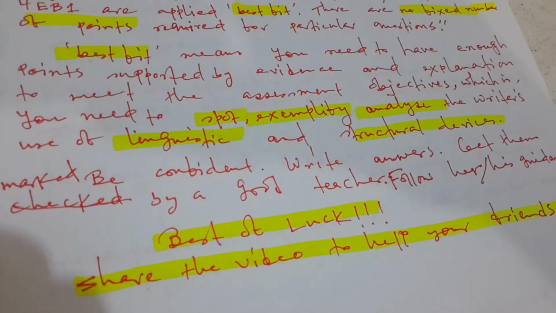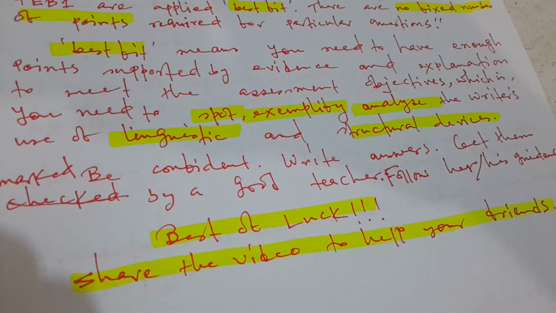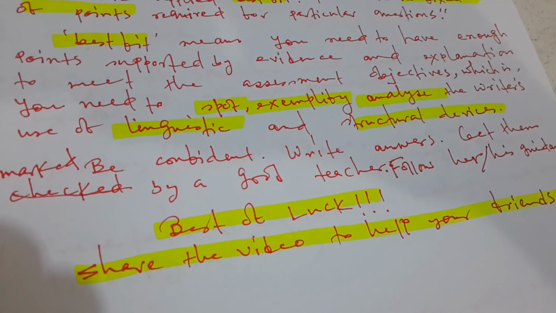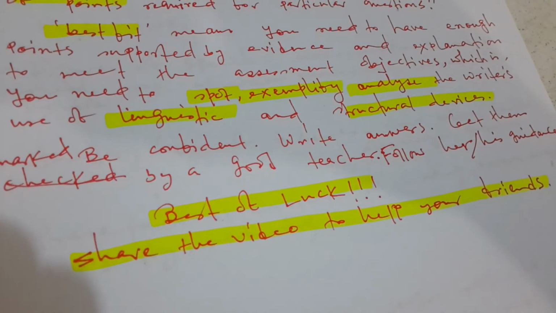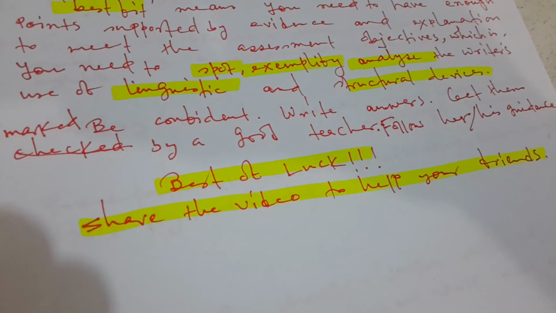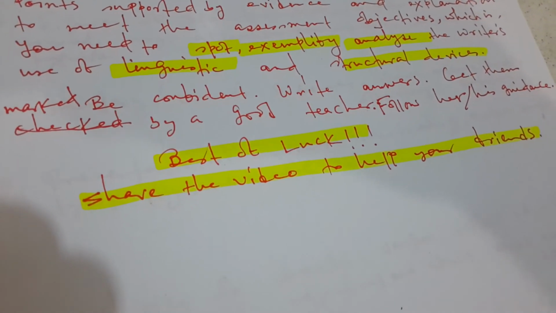Best fit means you need to have enough points supported by evidence and explanation to meet the assessment objectives, which is you need to spot, exemplify, analyze the writer's use of linguistic and structural devices."